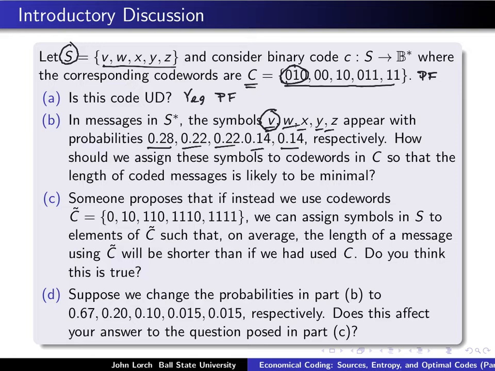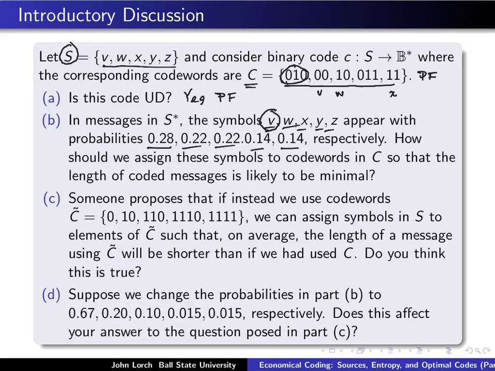So it makes sense that we would assign the highest probability letters in S to the shortest code words in C. So maybe it would be a good idea to assign V to 00, and then W and X have probabilities 0.22 each. So those are the next in line. So maybe W and X are assigned to 10 and 11 respectively.